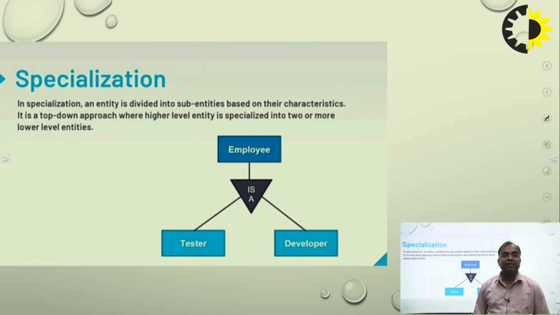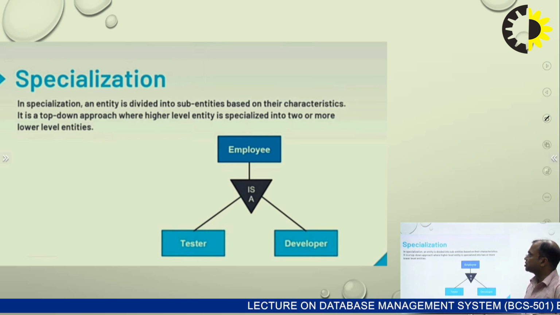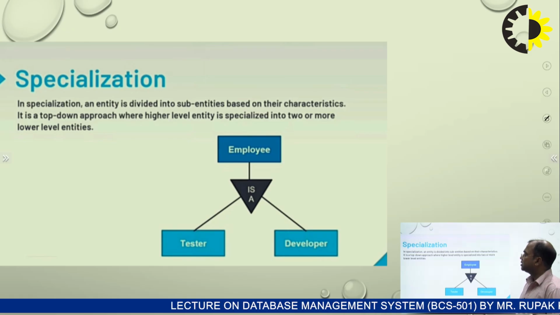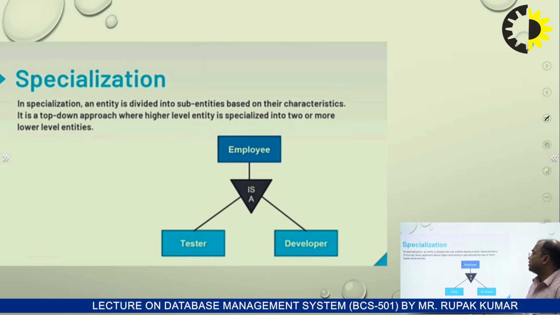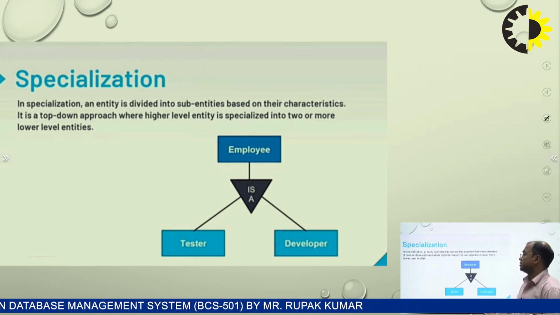A specialization is where an entity is divided into sub-entities based on their characteristics, and it is a top-down approach where a higher level entity is specialized into two or more lower level entities. As we see from the definition, it is the opposite of generalization. We generalize things, we specialize things.